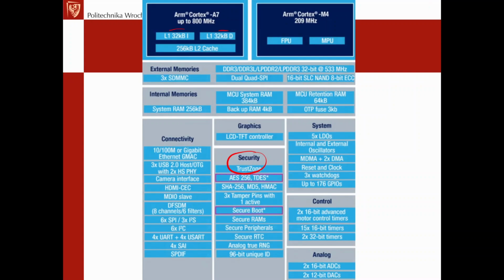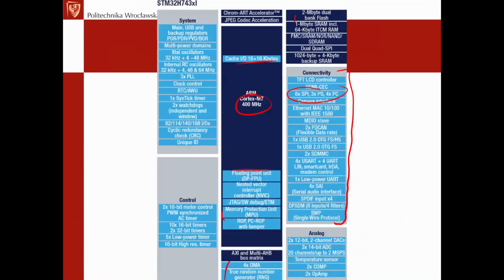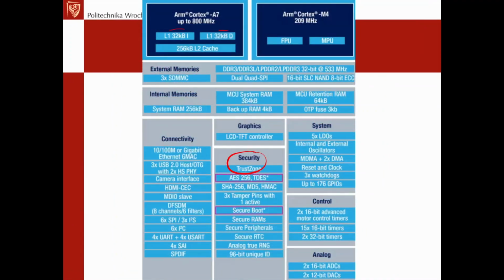Still we are in the microcontroller family. Take a look and compare how large the difference is between this basic L0 core and this core, how many different peripherals we have.